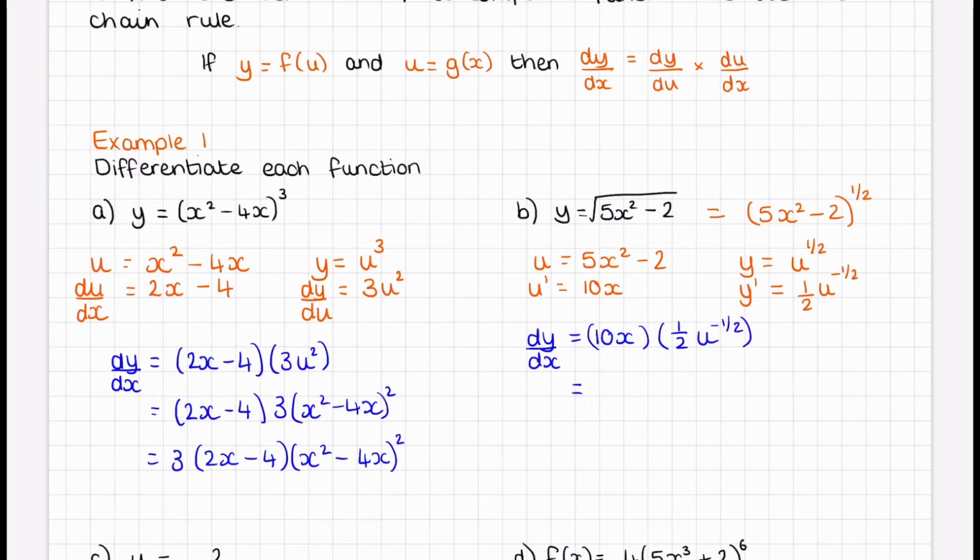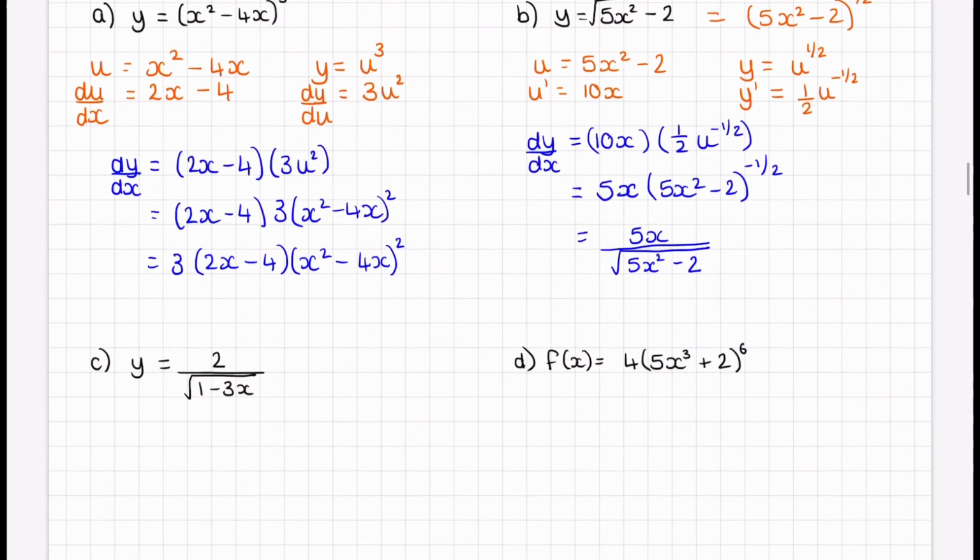Because this is all multiplied, we have 10 times a half, which is 5, still with an x. Then we put u back in, which is (5x squared minus 2) to the power of negative a half. If you want to get rid of the negative half, you could change it to 5x all over the square root of 5x squared minus 2, but that step isn't necessary.